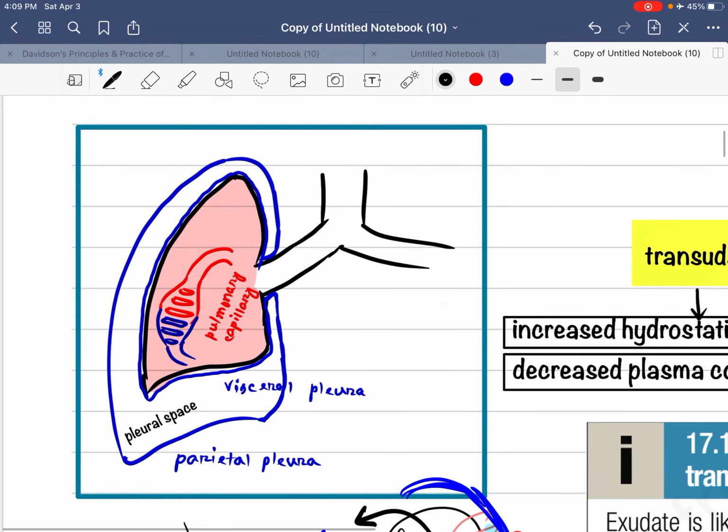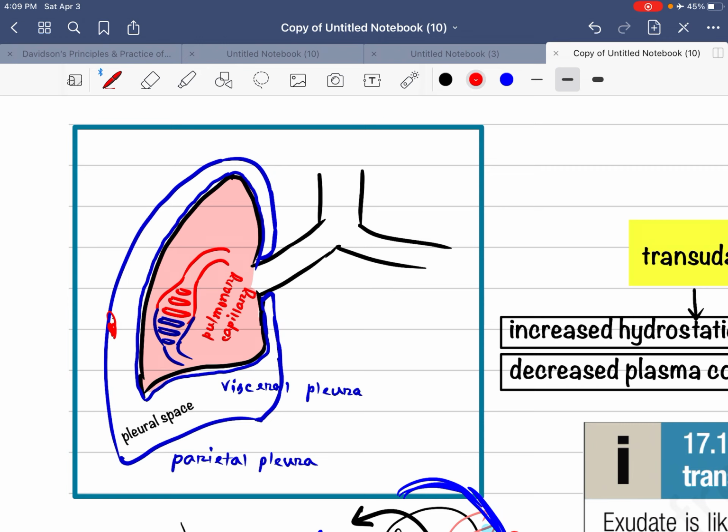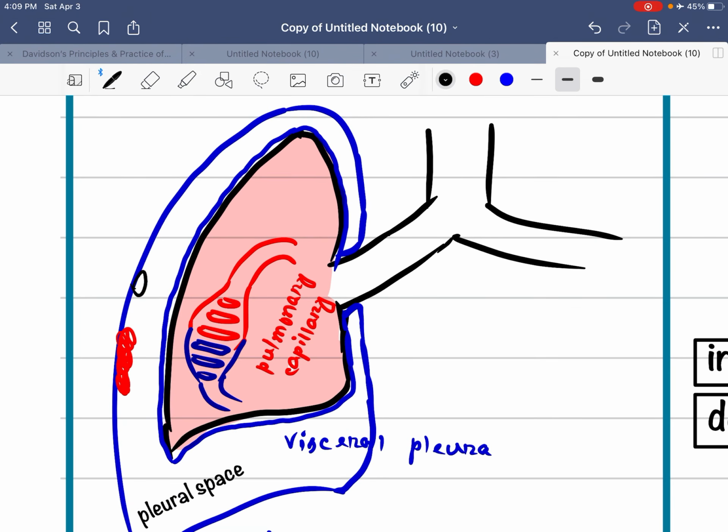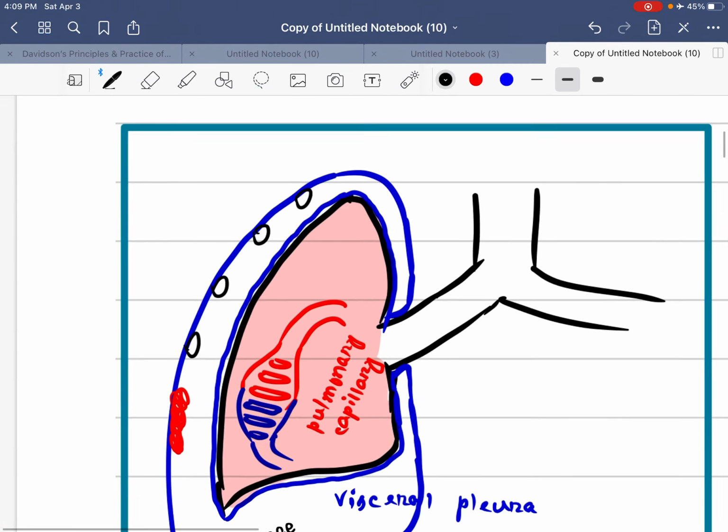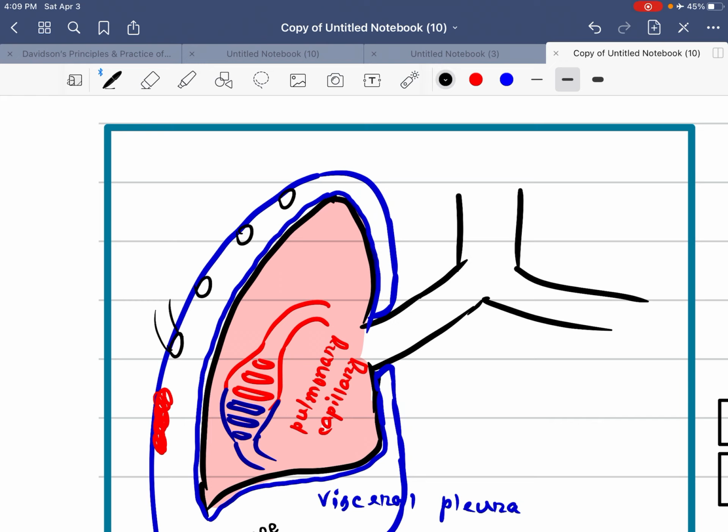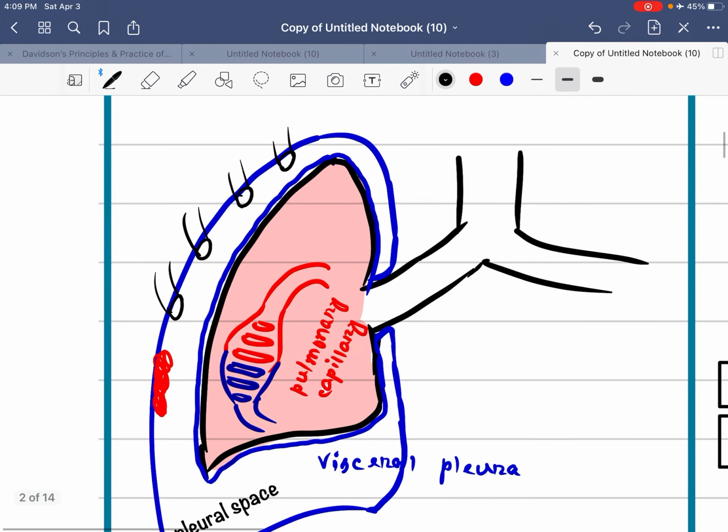These are the lymphatics of the pleural cavity, which carry the fluid from the pleural space to the circulation, so that excess fluid cannot accumulate there. I have explained this in my previous classes in physiology.